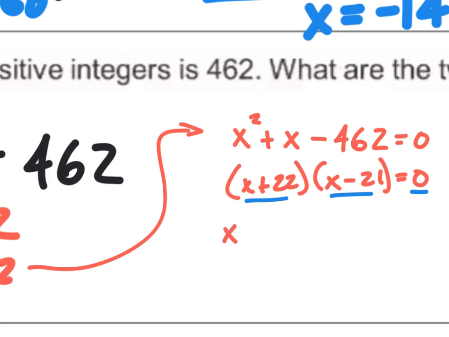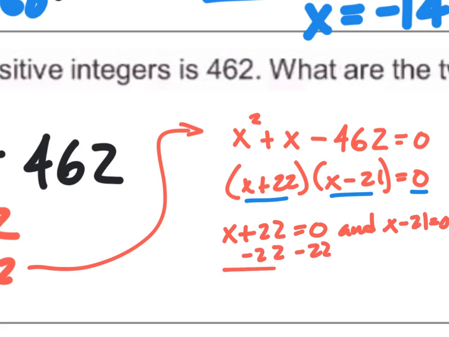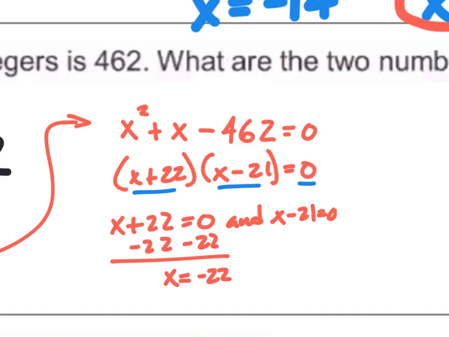I'm going to do x plus 22 equal to 0, and x minus 21 equal to 0. If I subtract 22 from both sides, I get x is equal to negative 22. And over here I get x is equal to 21.